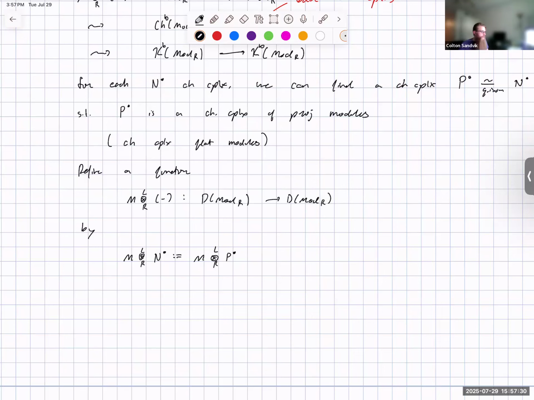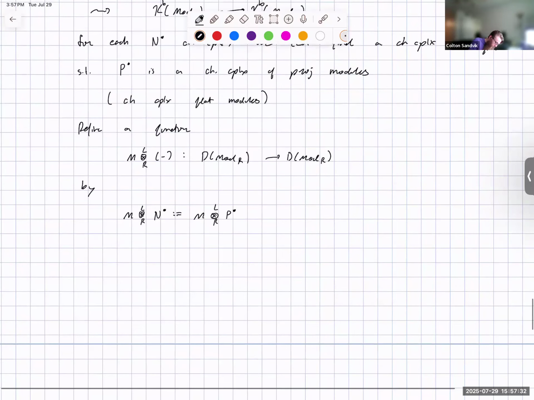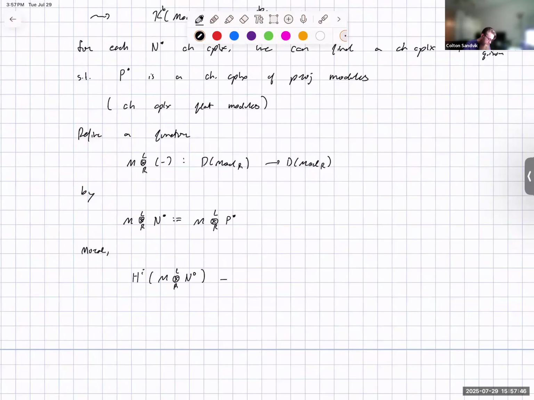define our derived functors. And the moral of this story is that when we take the cohomology of this, for something concentrated in degree 0, this actually is the same as our functor from before.